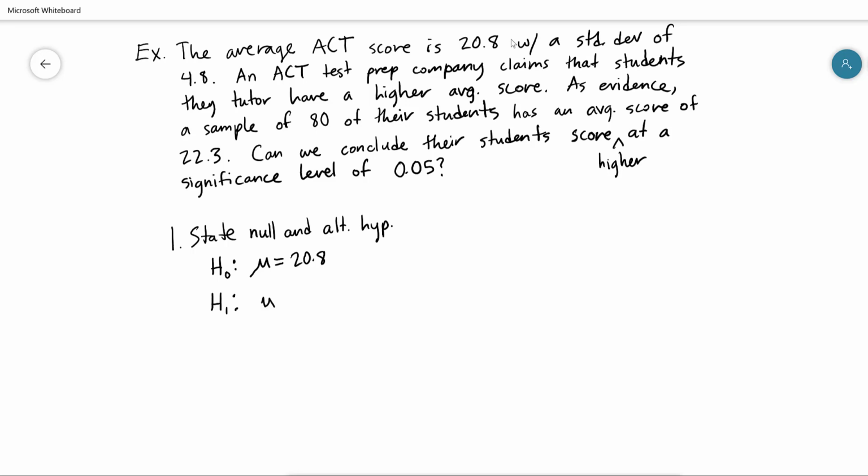The alternate hypothesis says, no, we think that in fact it is effective, and this is what the evidence shows. The evidence shows that their students have a little bit higher score, but again, this could totally be a fluke. Maybe it's just a luck of the draw in the sample that they happen to take. This is a right-tailed hypothesis, and we will use that going forward.